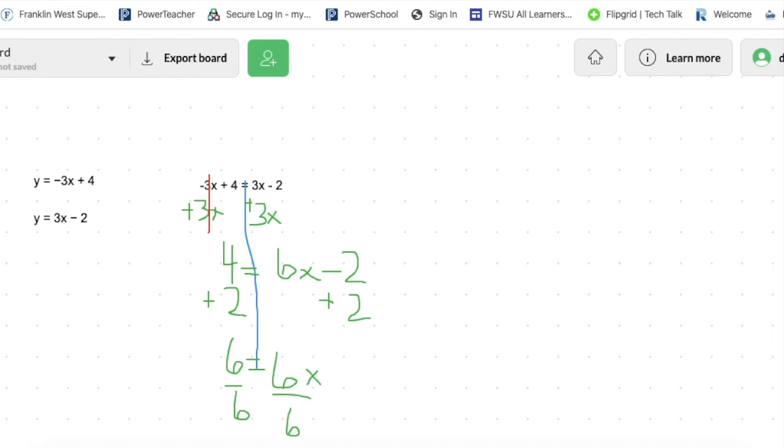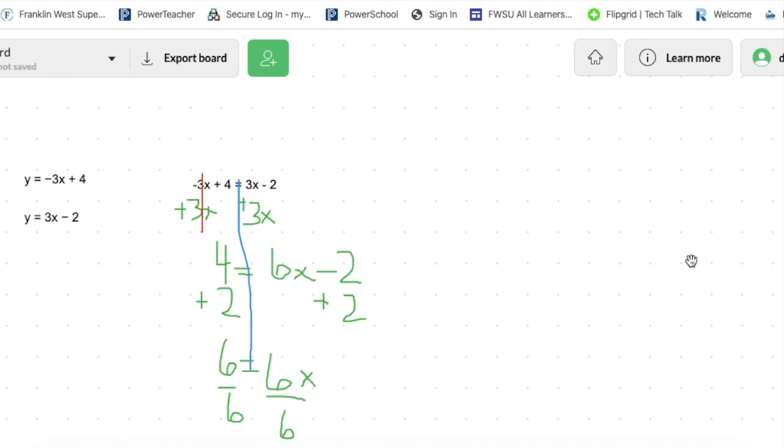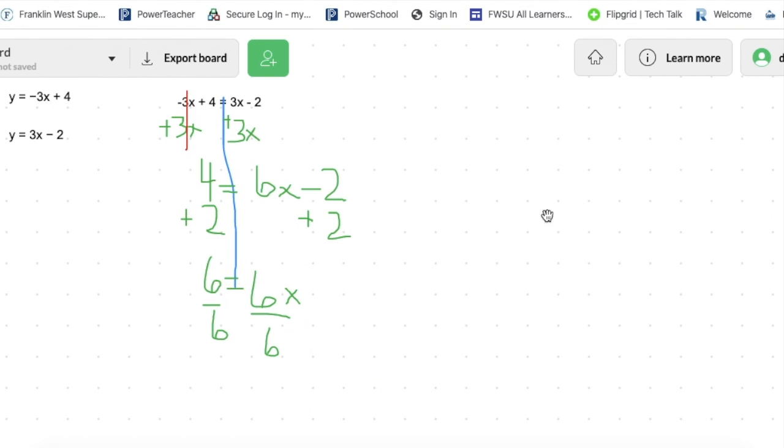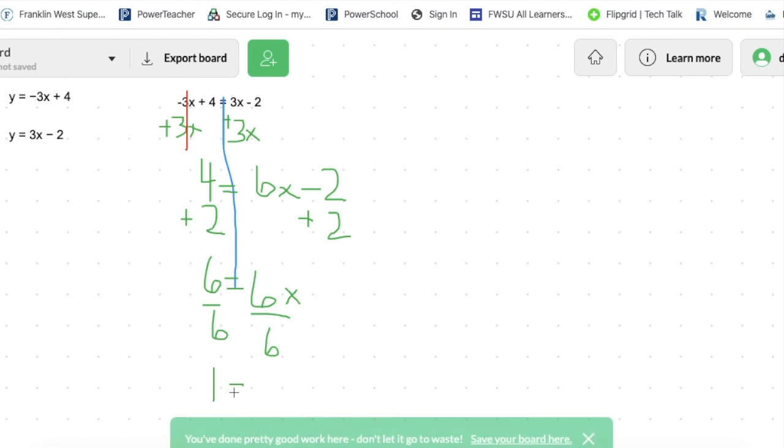We do division. And that's what solving is all about, undoing all the operations as they are written in the equation. And so whatever you do to one side, you continue to do to the other. And so 6 divided by 6 is 1, and you can see that's the effect on both sides. So on the left, we have 1, and on the right, we have 1x, which in the math world, we get to just write as x.